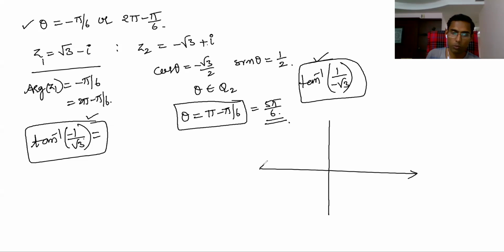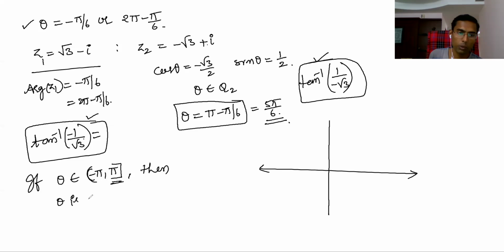We'll discuss principal argument. If this theta is taken between minus pi to pi closed, then theta is called the principal argument.